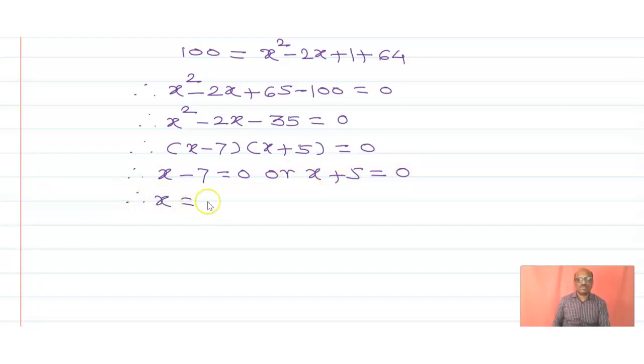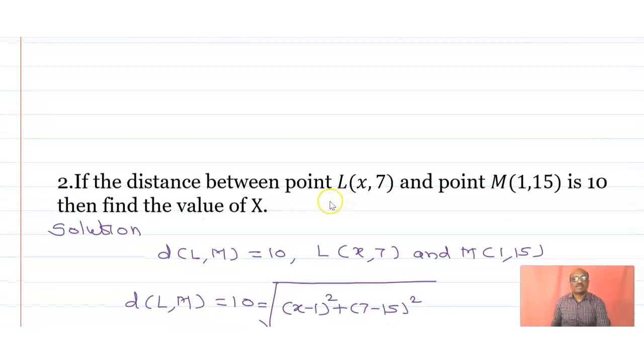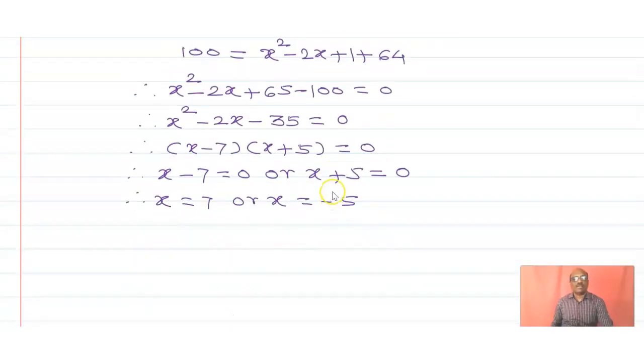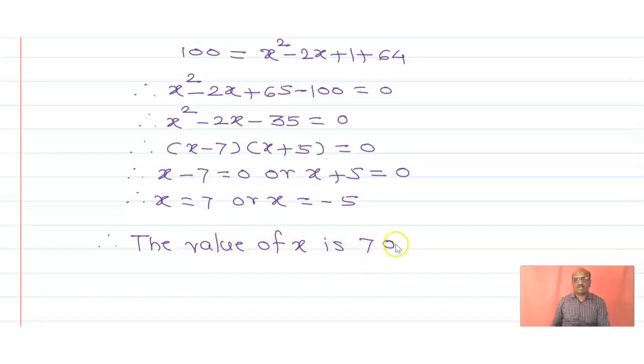Therefore, x is equal to 7, or x is equal to minus 5. Therefore, the value of x is 7 or minus 5.